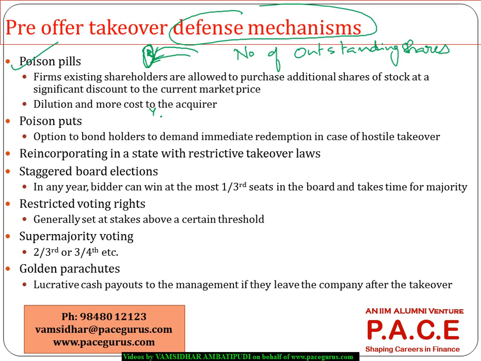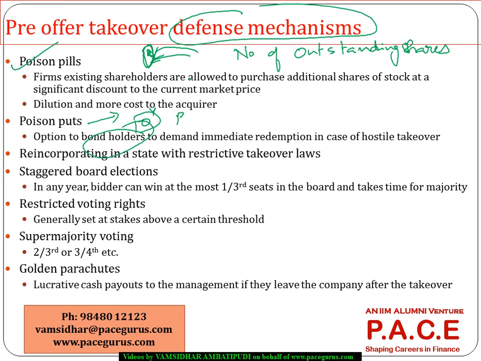Otherwise, we look at the poison put, a slightly different proposition, wherein the option is provided to the bondholders, not the shareholders of the target. The option is provided to the bondholders, saying they can demand the immediate redemption of their bonds.